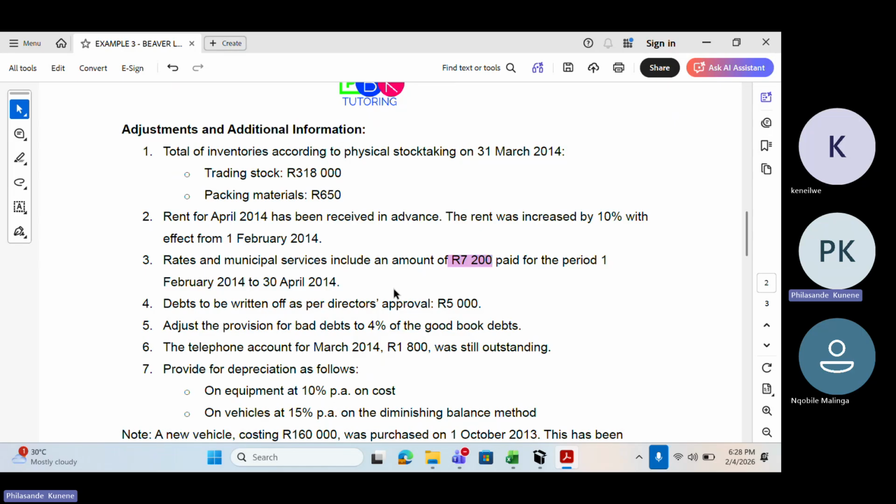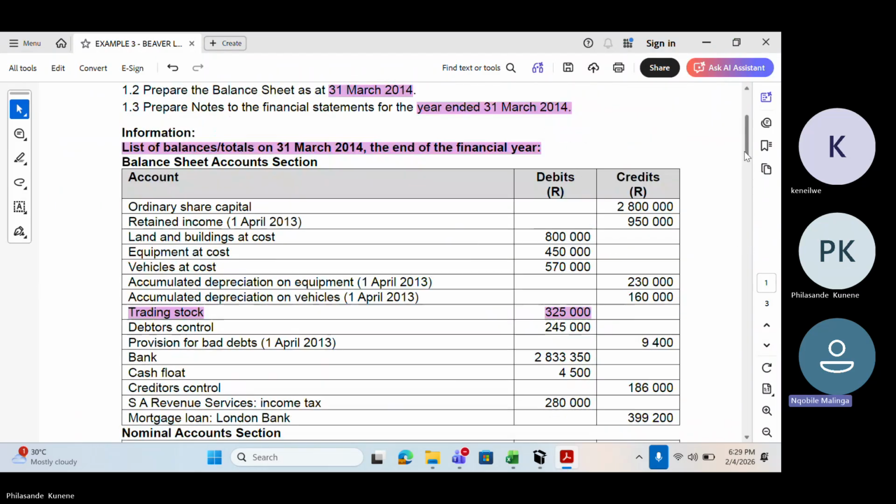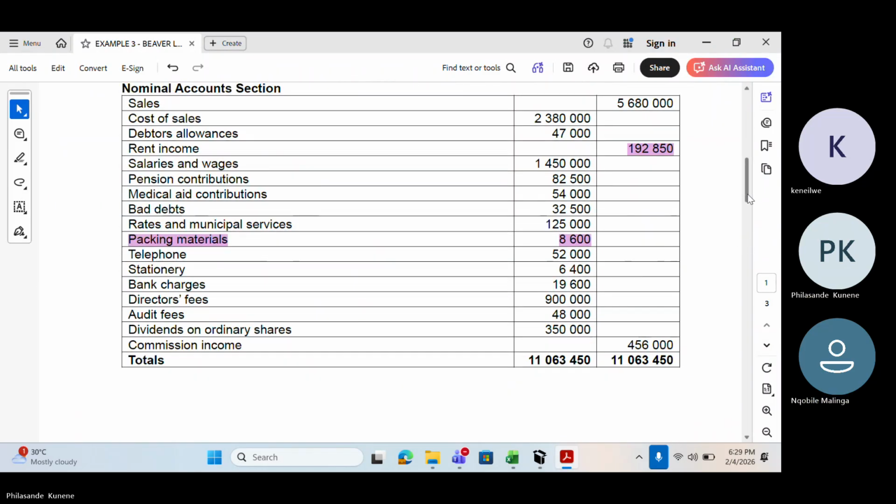This one is for you, Smanga. What do I do here? We go look at the trial balance. Trial balance, yes.